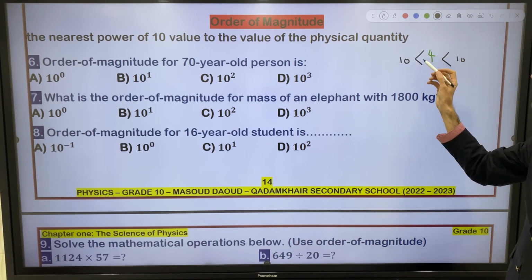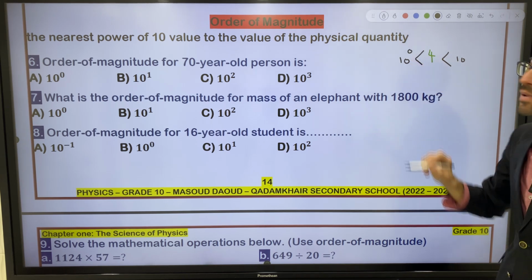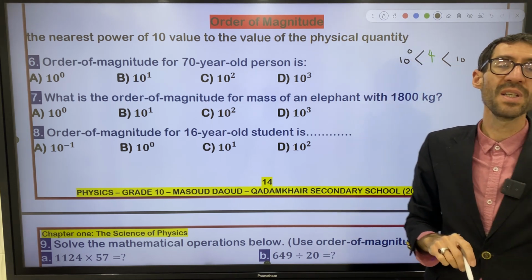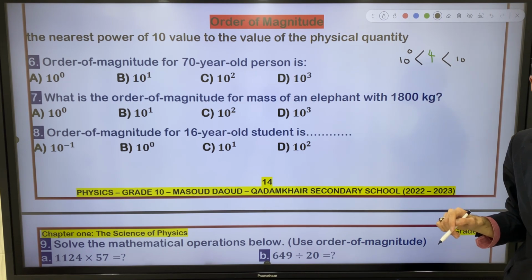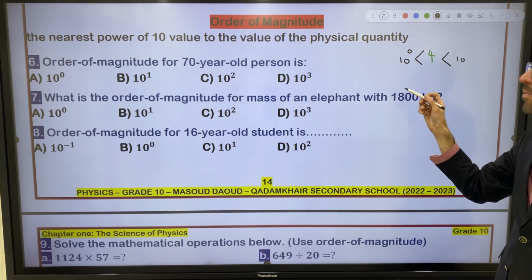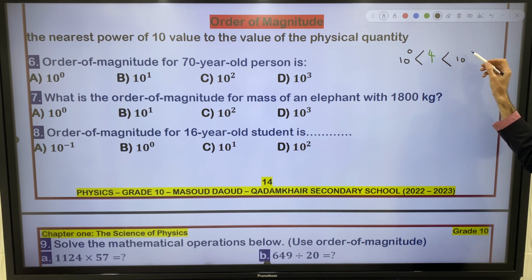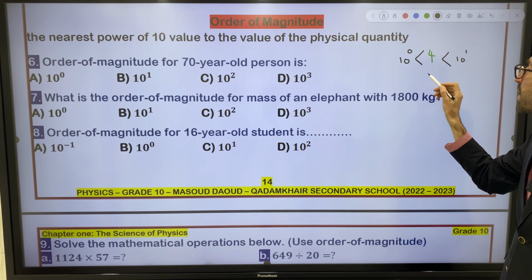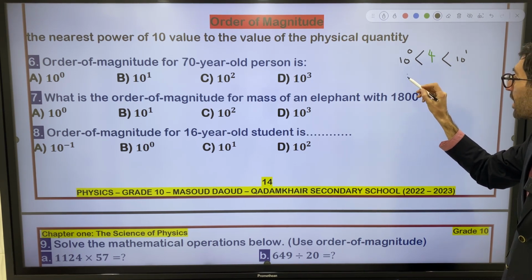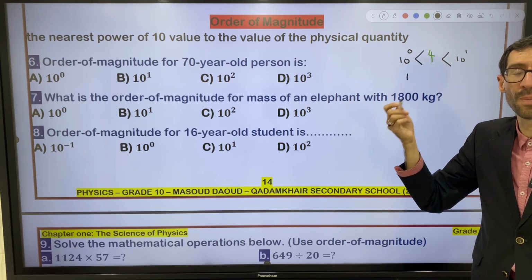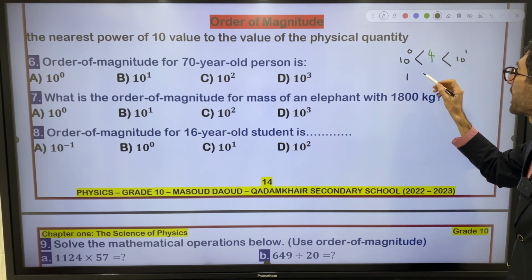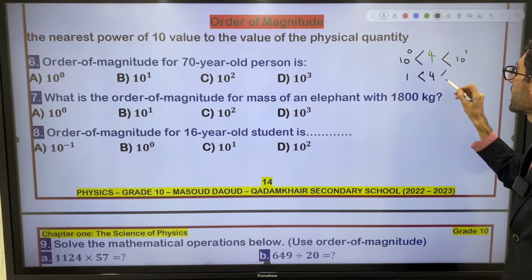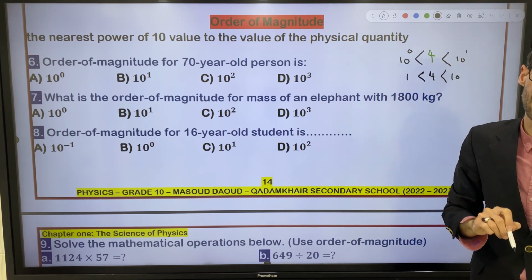So 4 is greater than 10 to the power 0, because 10 to the power 0 means 1. It's true. 4 is greater than 1 and is less than 10 to the power 1. It means 4 is located between 1 and 10.